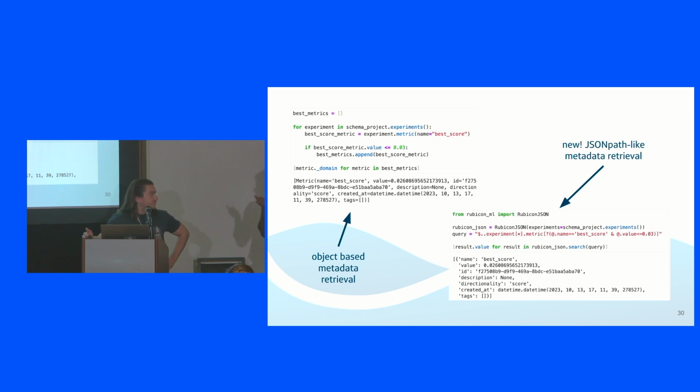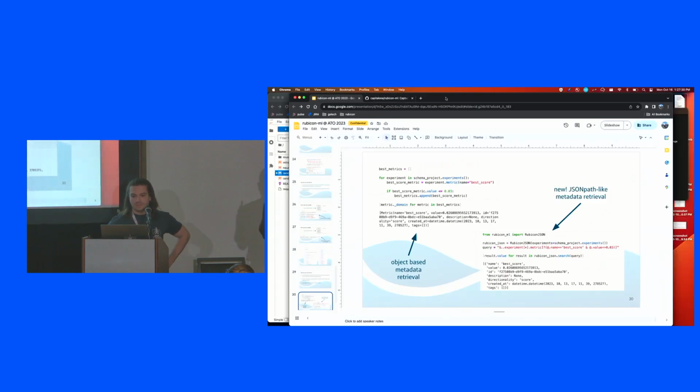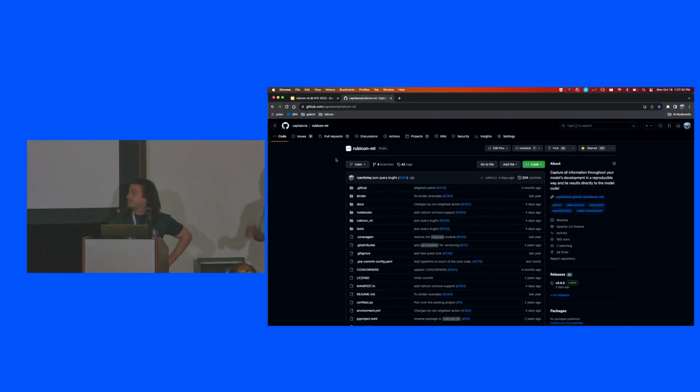One of the things we can at least flash is the GitHub repo. We have a ton of examples, tutorials, notebooks, all of that stuff. So if you want to get started with it, it's all out there and it's all open. Here's our repo, GitHub, capitalone/rubicon-ml.